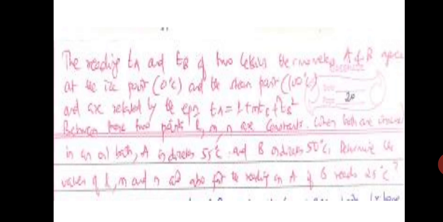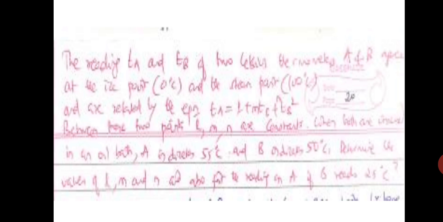So there are two thermometers A and B. The temperature measured by A is called TA and by B it is called TB. They both agree at 0 degree centigrade as well as 100 degree centigrade, that is ice point and steam point. They are the same values. The relationship they have is TA = l + mTB + nTB². L, m and n are constants.